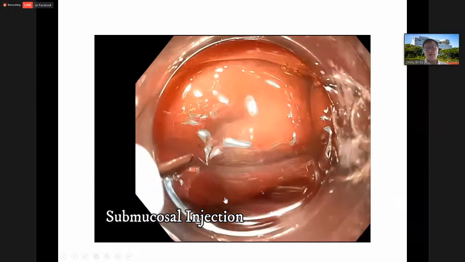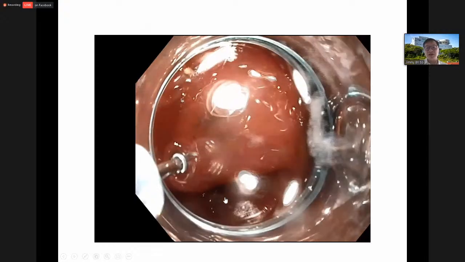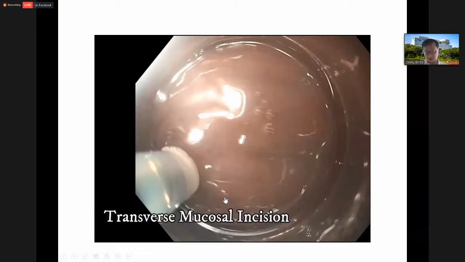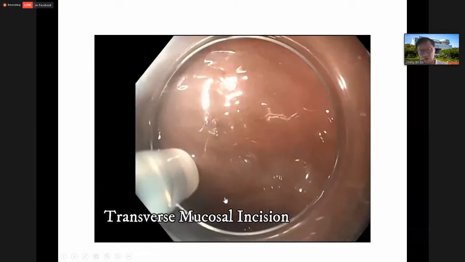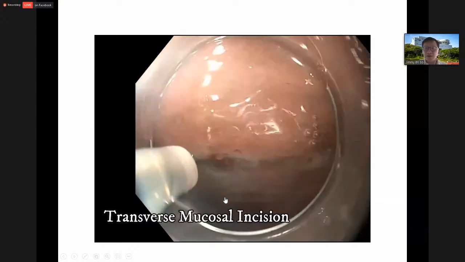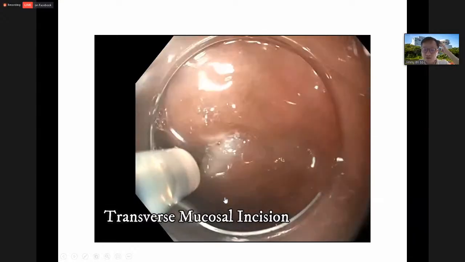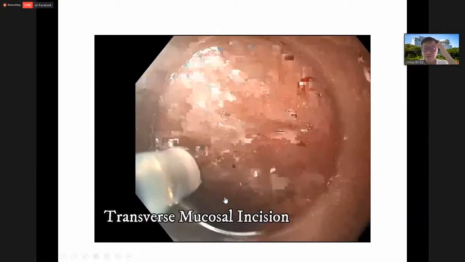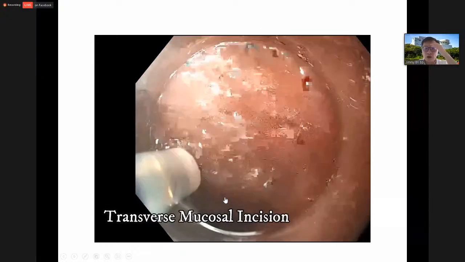and we lift up the mucosa with saline injection. Then we make a horizontal incision. I'm sorry about the video, probably because of the transmission. I apologize for that. Basically, we make a transverse incision at the mucosa, just large enough for our endoscope.